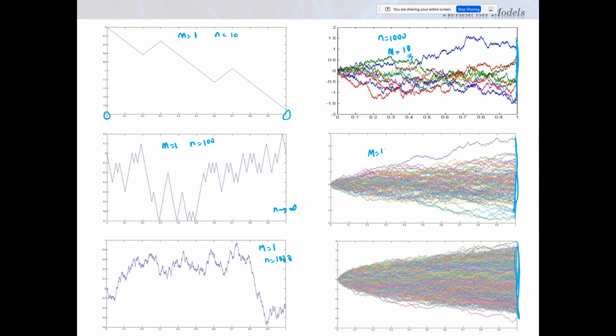So here m is equal to 100, n is equal to 1000, so we take 100 simulations. We do see how the random walk is evolving over the 100 simulations. Here we take 1,000 time steps and 1,000 simulations. So here we can try to deduce what is happening.